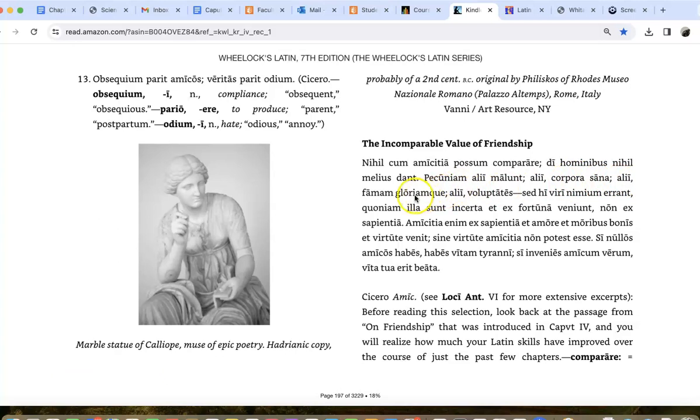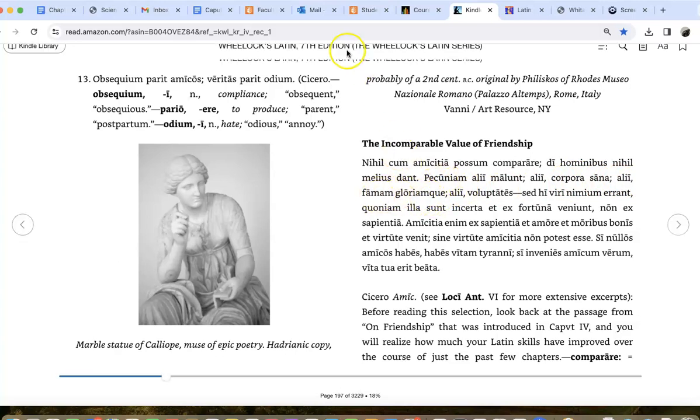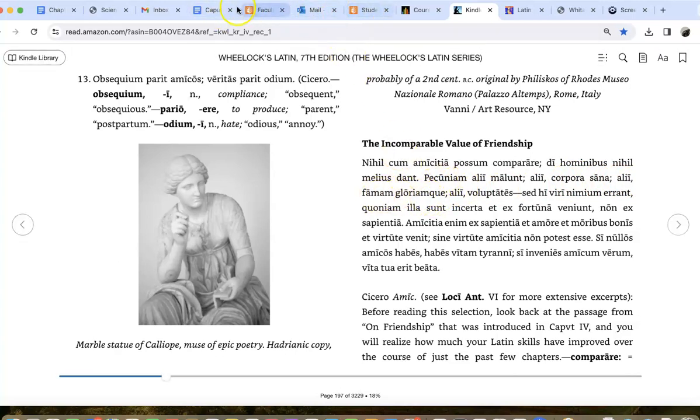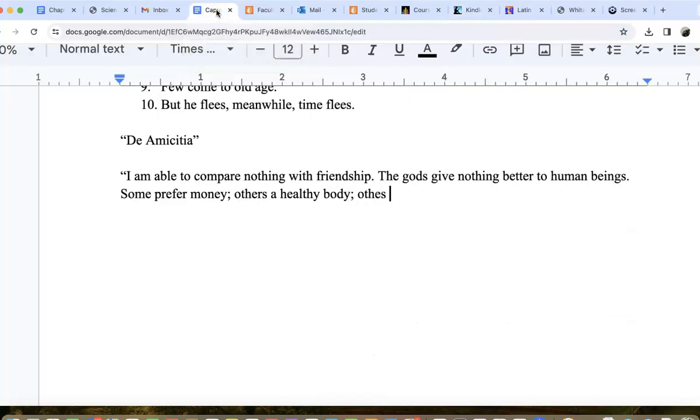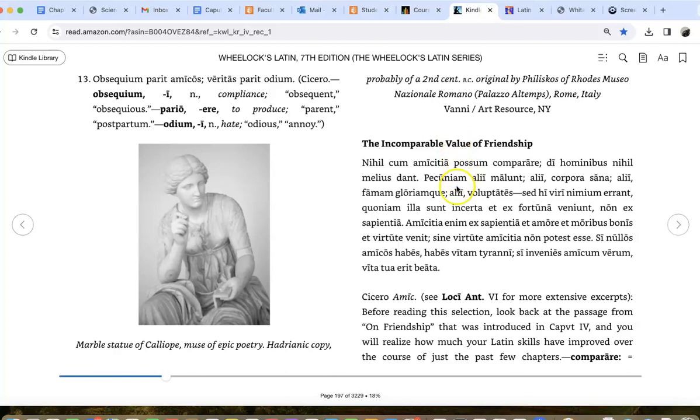In other words, others prefer fame and glory, and we saw earlier how that may not be ideal for a republic of virtue. So others fame and glory. That repeats a little bit of the vocab that we had earlier, so that helps.